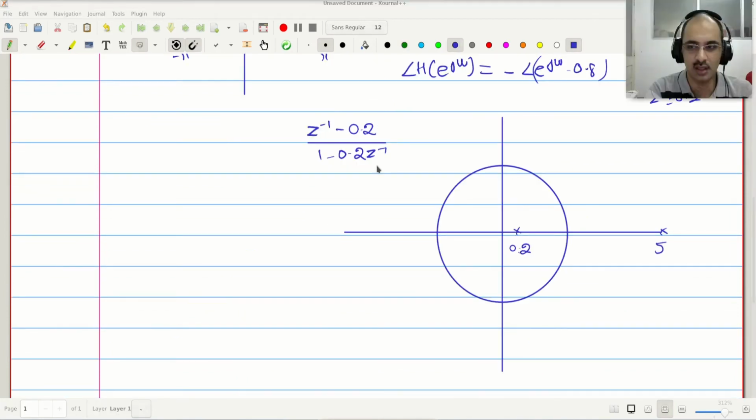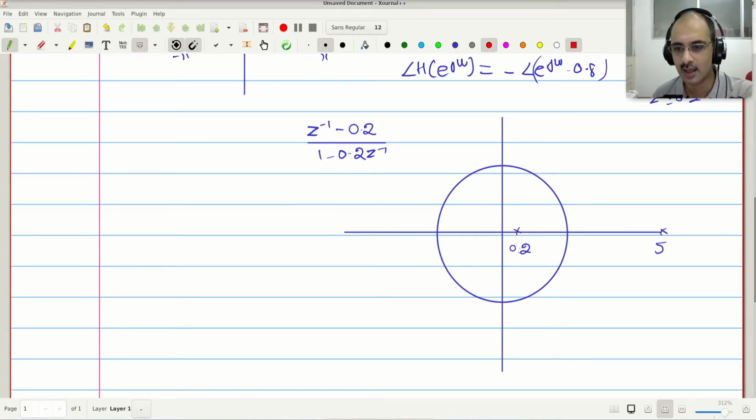Let us find out what happens if you try to compute the magnitude response. So let's take a point on the unit circle, in red. So this is z equal to e power j omega. What will be interesting is for us to find the ratio of the numerator and the denominator.